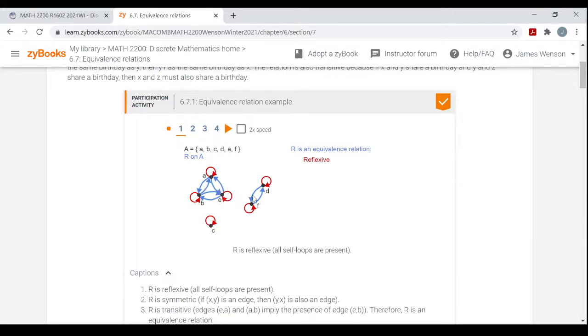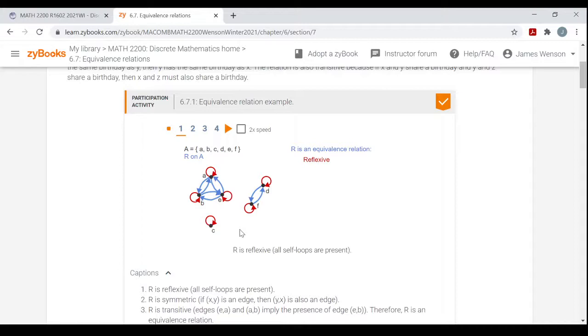There's this piece over here of the graph with elements A, B, and E that's separate from this piece here with elements D and F, and that's separate from this piece here with just element C. So what we're going to see in a minute is that an equivalence relation determines a partition of the set that you have the relation on.